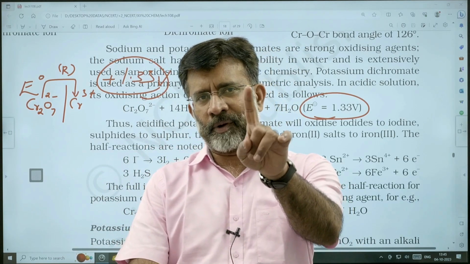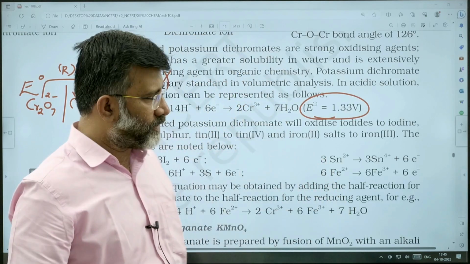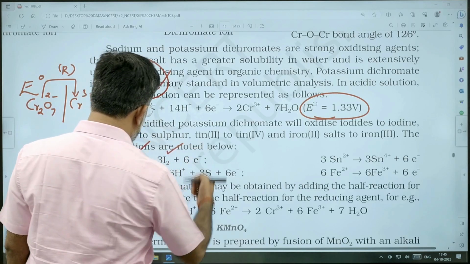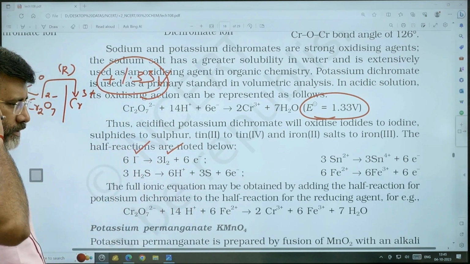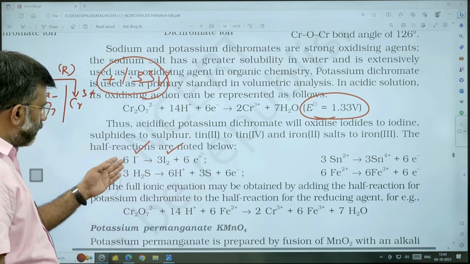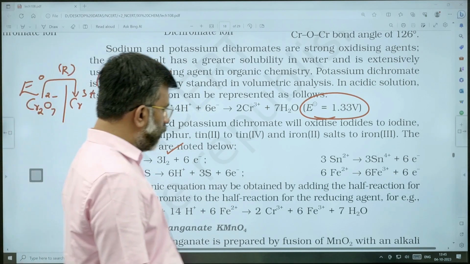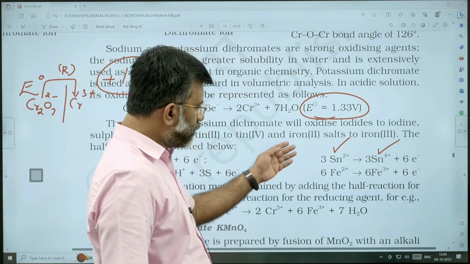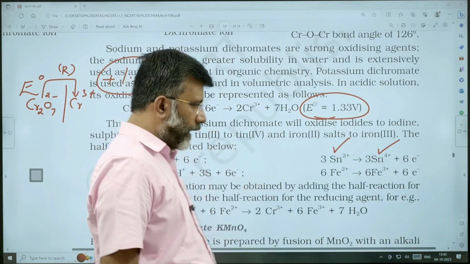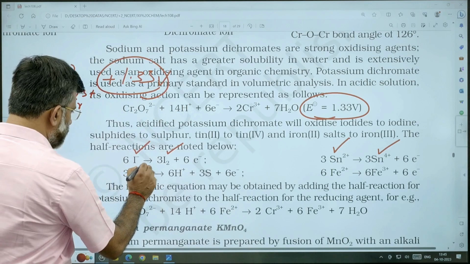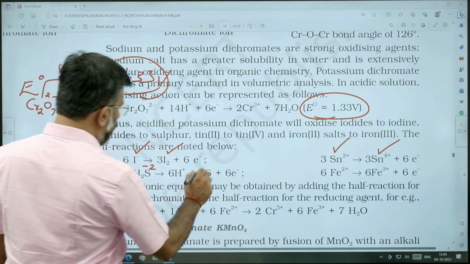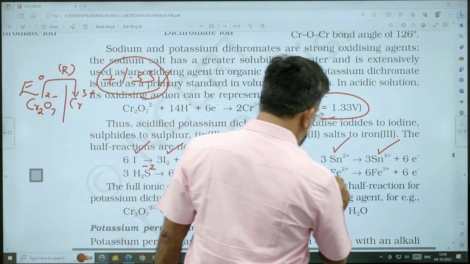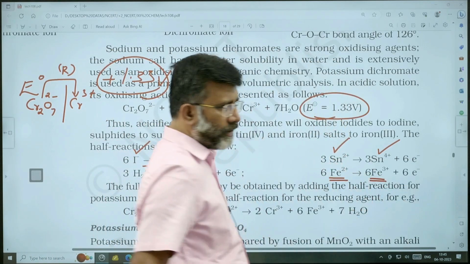It acts as a very good oxidizing agent and is able to oxidize iodide to iodine, iodide -1 converted to 0. Stannous is oxidized to stannic, stannous +2 oxidized to stannic +4. Hydrogen sulfide, sulfur -2 oxidized to sulfur 0. And ferrous oxidized to ferric, like that.